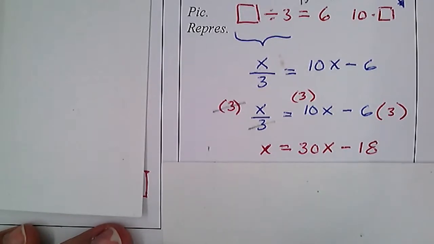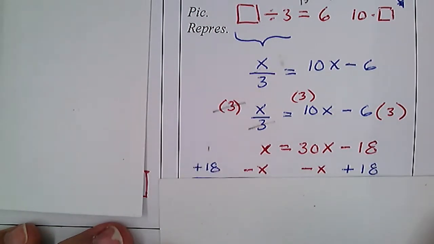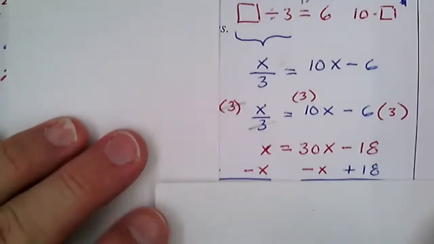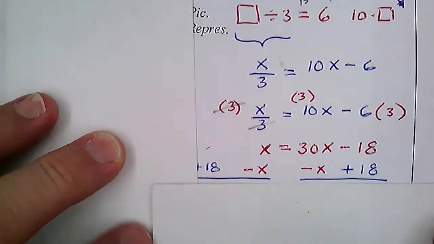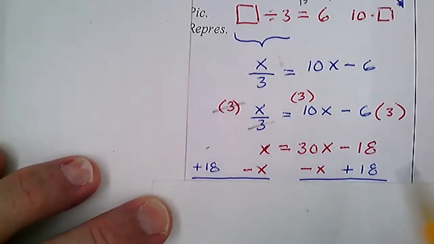And then we've got an x and a 30x. So we need to get those together, and we need to move this also. So what I'm going to do next, I'm actually going to do 2 steps at the same time. I'm going to add 18 to both sides, and I'm going to move this x.